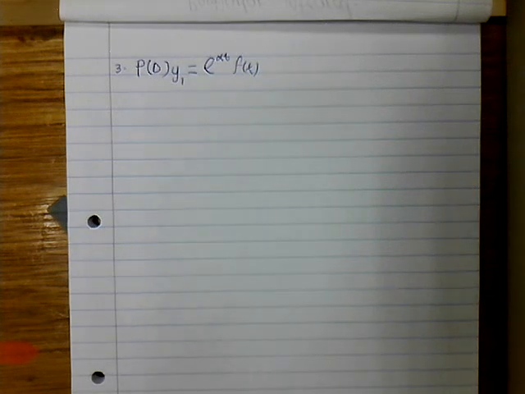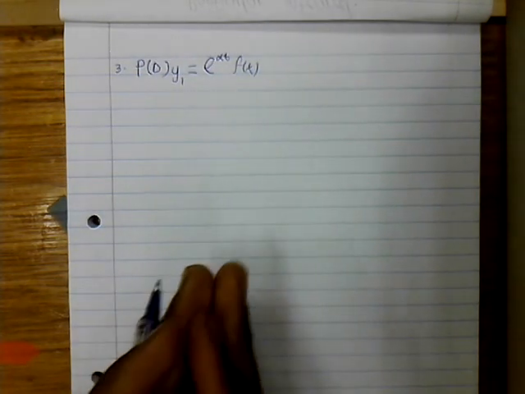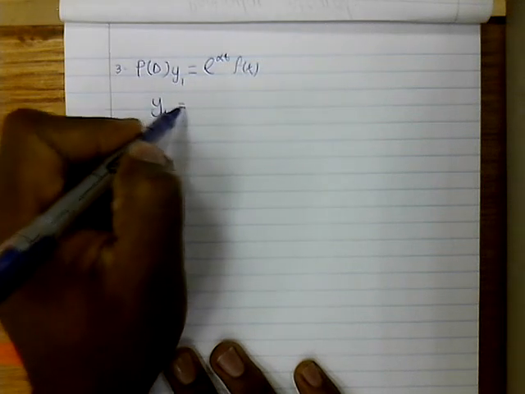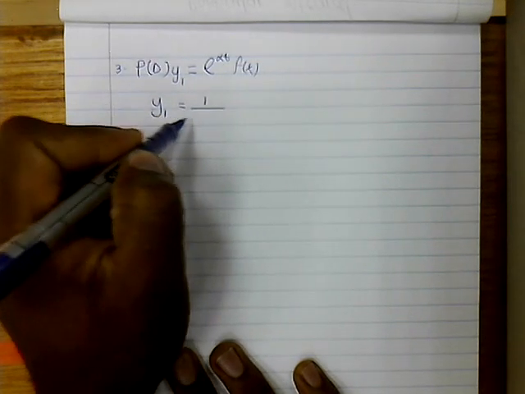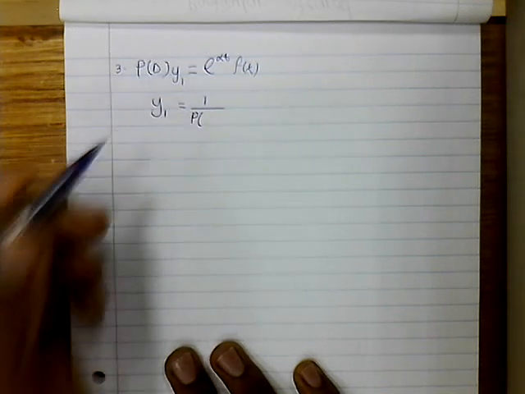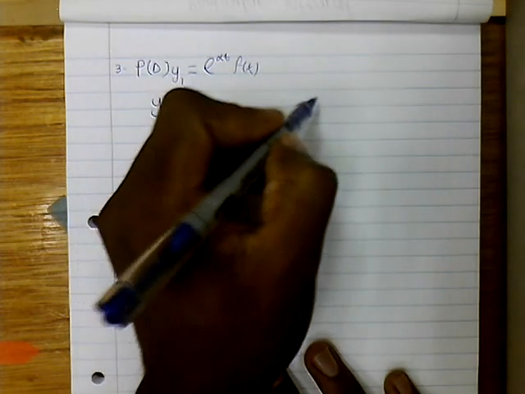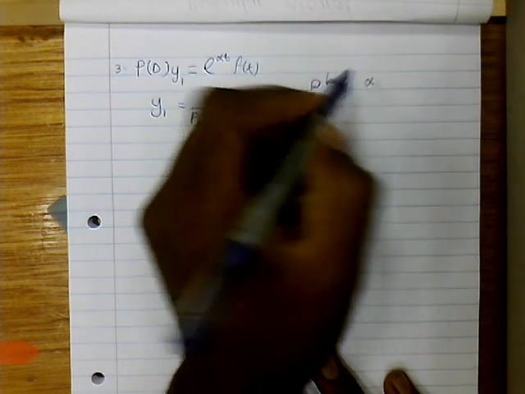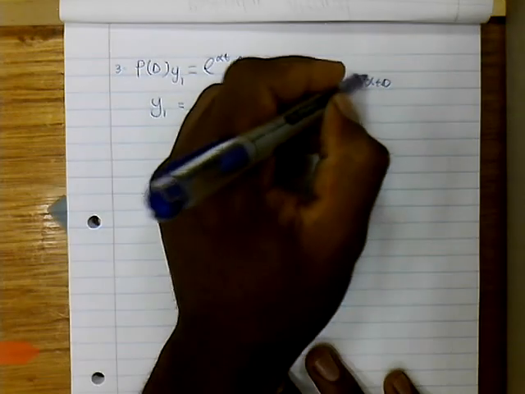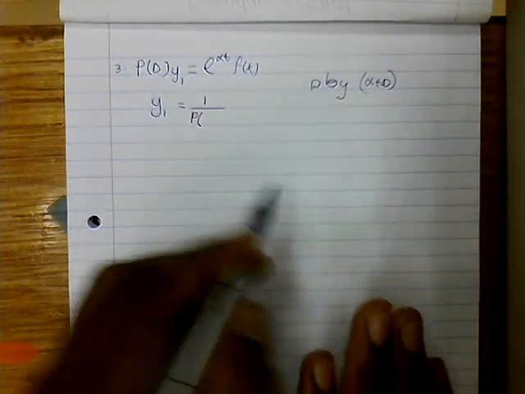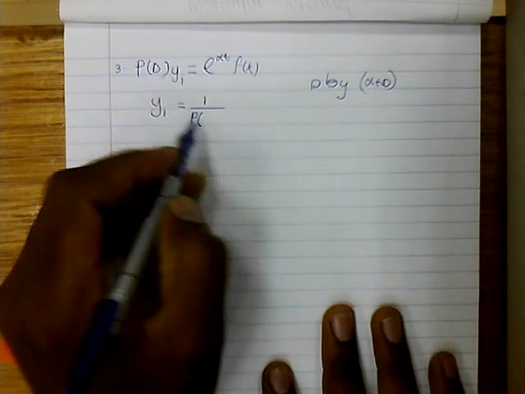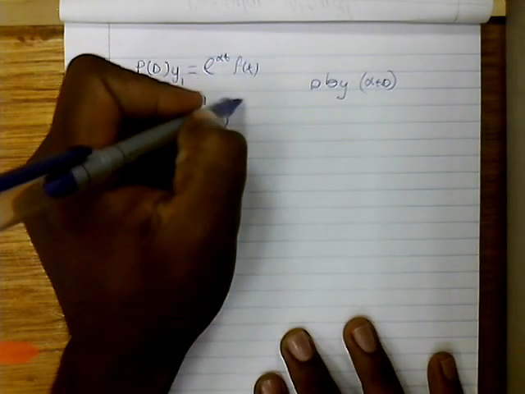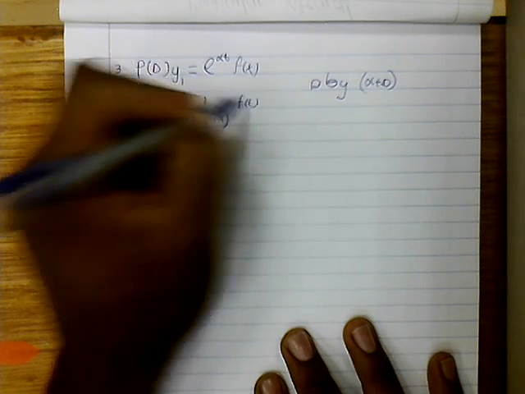Now listen to this one. The way we solve this is like this: y1 is equal to 1 over PD, and here we substitute d by d plus alpha, or alpha plus d, whichever you want to start with, multiplied by f of t.